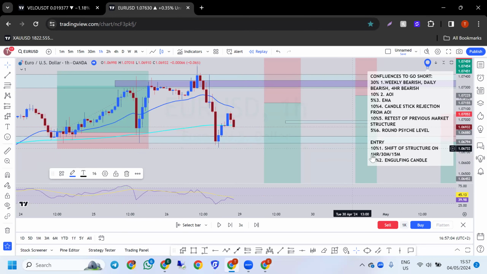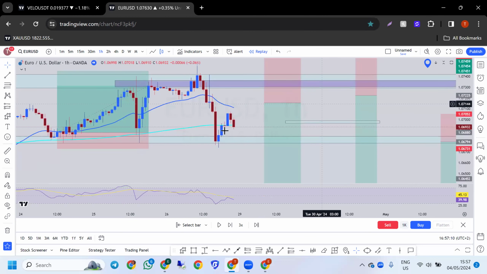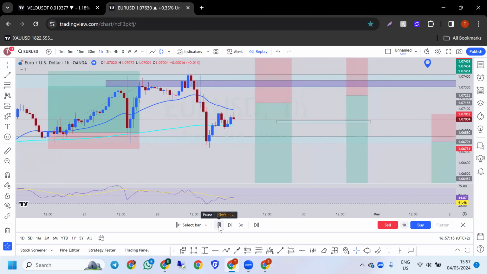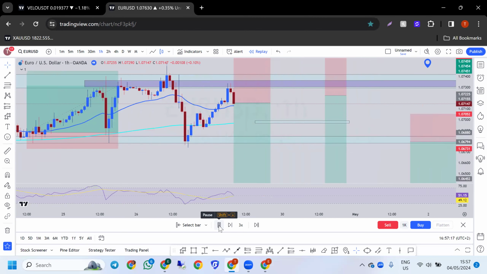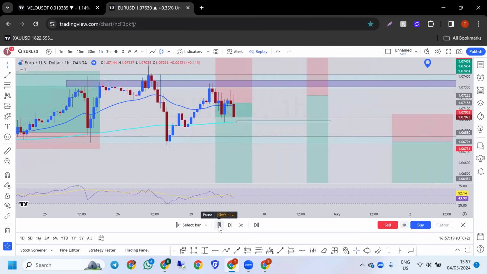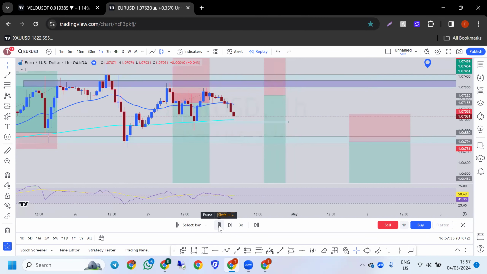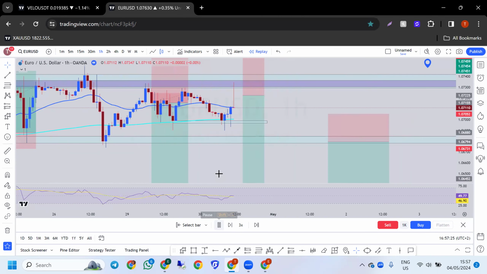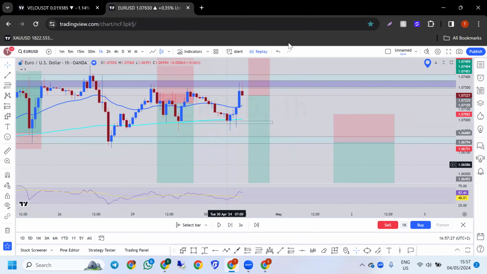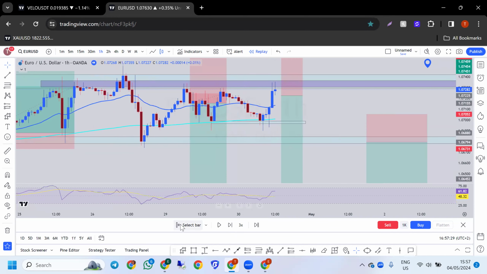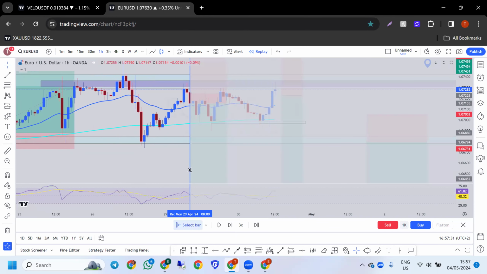So here we didn't have any percentage as far as when I was recording the video last week. Now let's play and see our market approach that zone. This is my first trade from the 1 hour time frame.